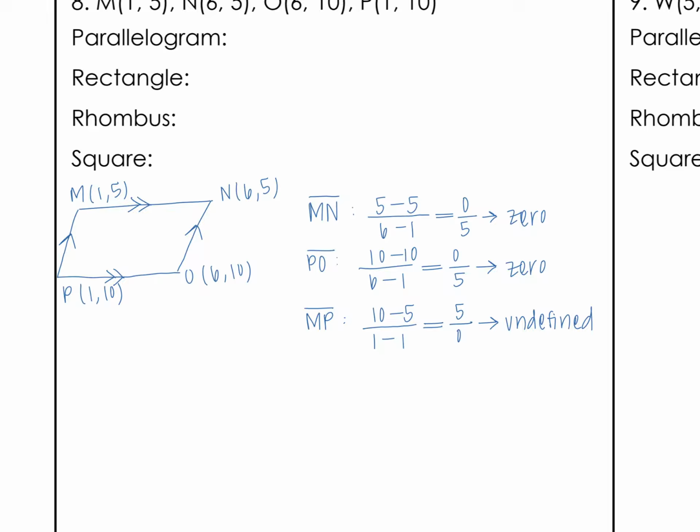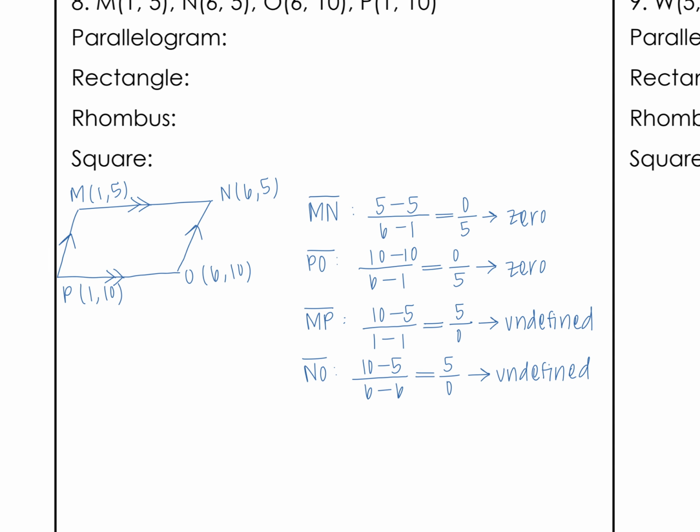And then lastly, we have our NO. So 10 minus 5, and then 6 minus 6. Once again, will give me that 5 over 0, which is just an undefined slope. Once again.